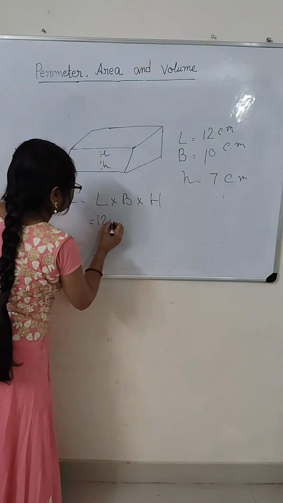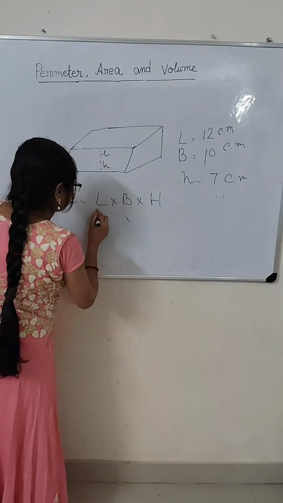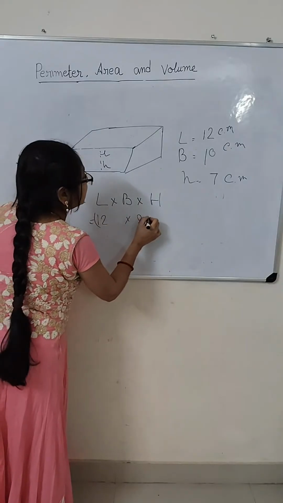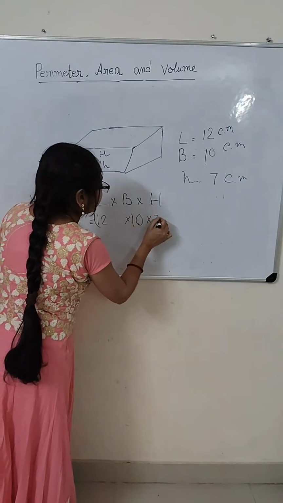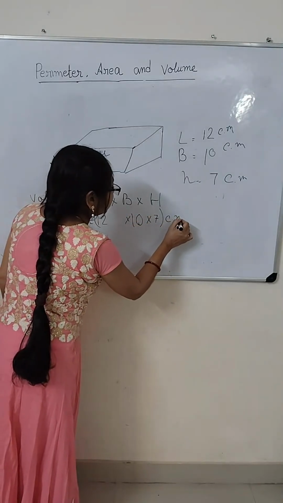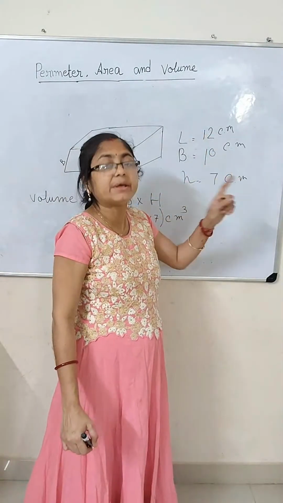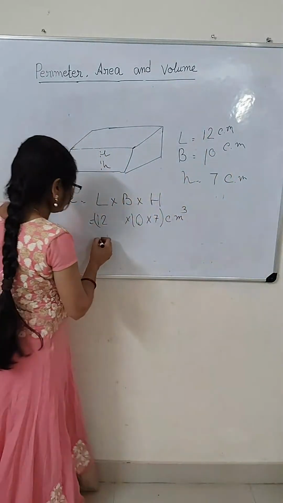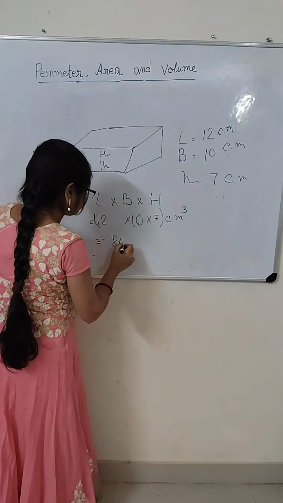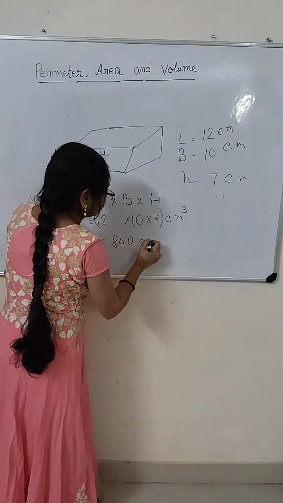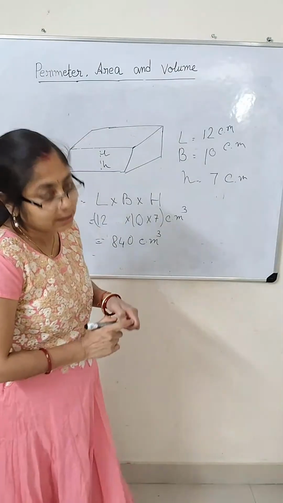Means 12 centimeter. Otherwise, you write 12 into 10 into 7 centimeter cube. Why is it cube? Three centimeters are coming, so it is cube. Now you multiply. 840 centimeter cube. Okay? It is our last math.